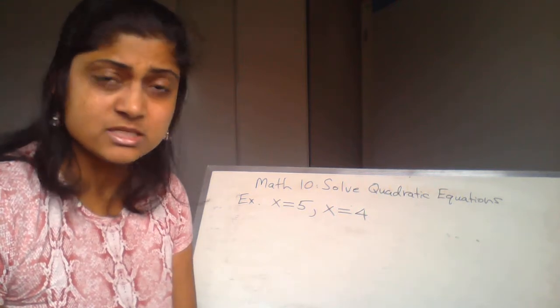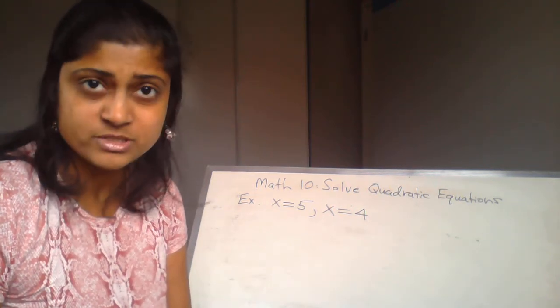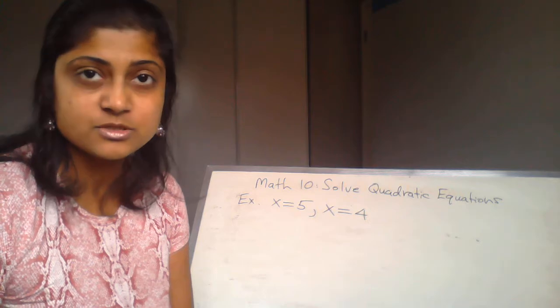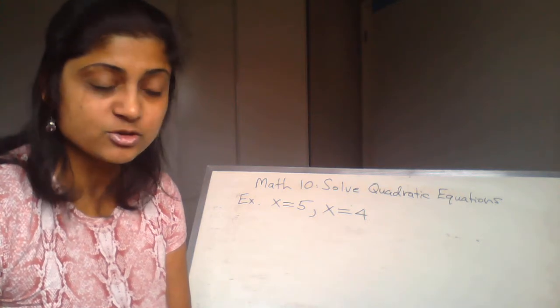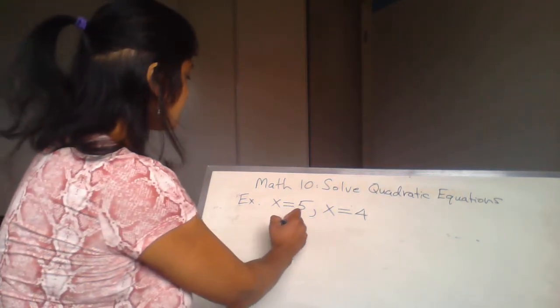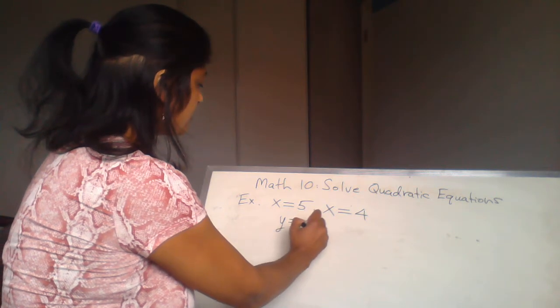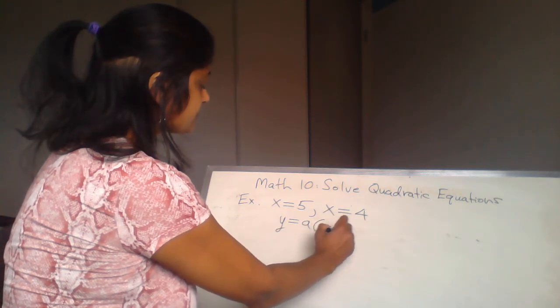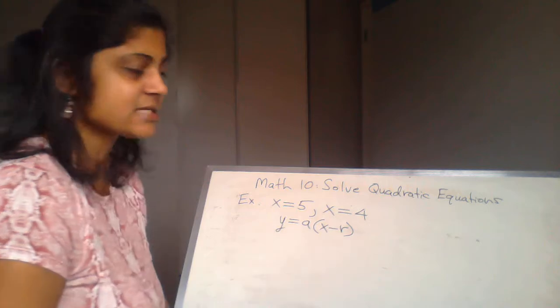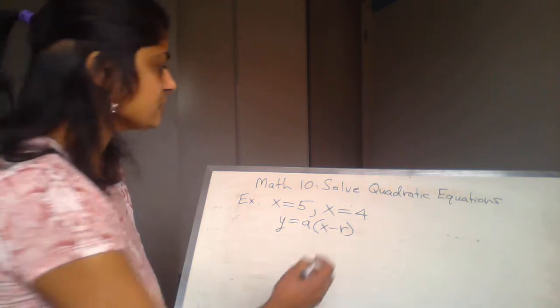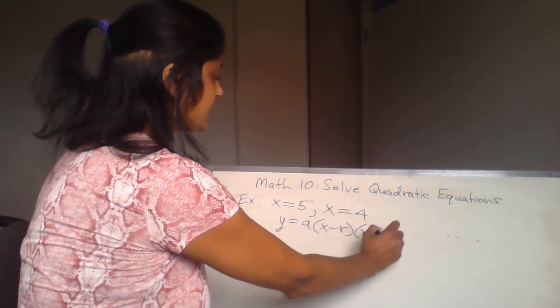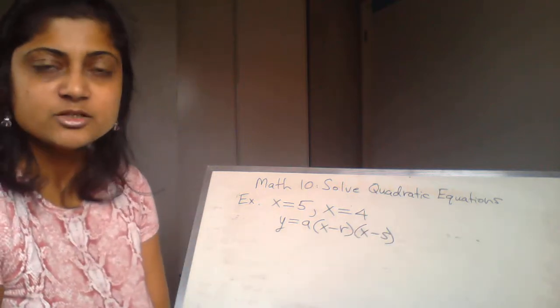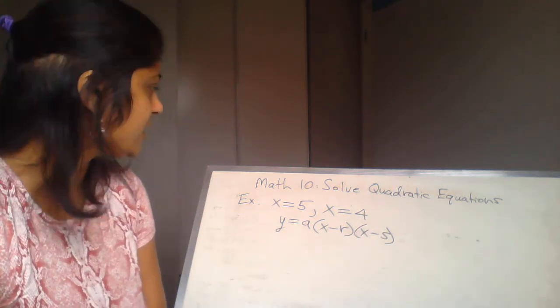So what they're giving you in this question is basically the x-intercepts. Okay, what we're going to do is write it in the factored form. And this is actually the factored form of the quadratic equation. So it's y equals a, bracket x minus r, and x minus s. Usually just put the negative sign here, okay?